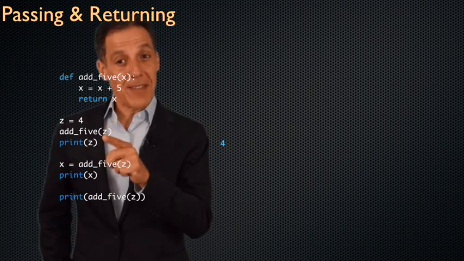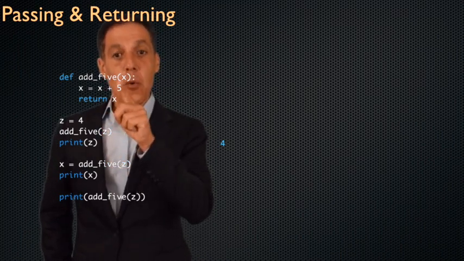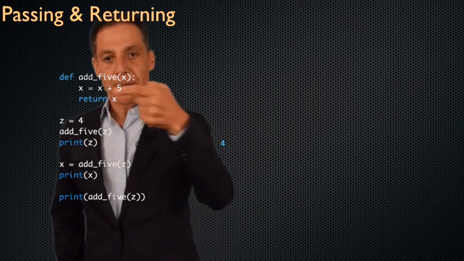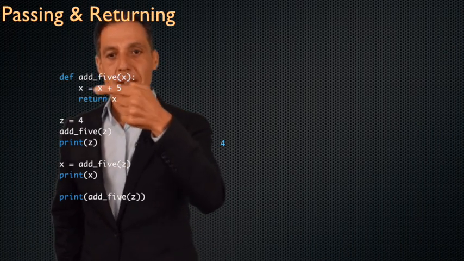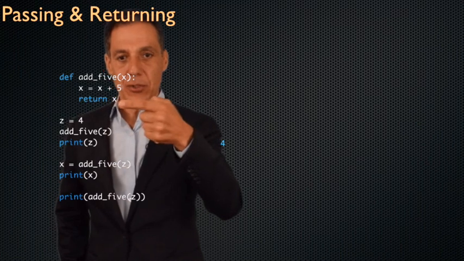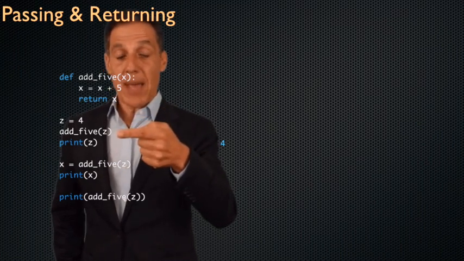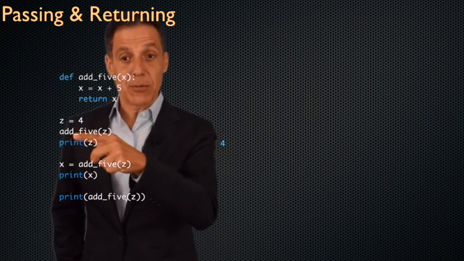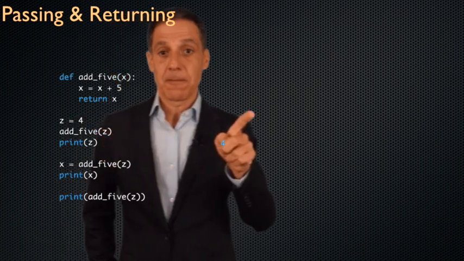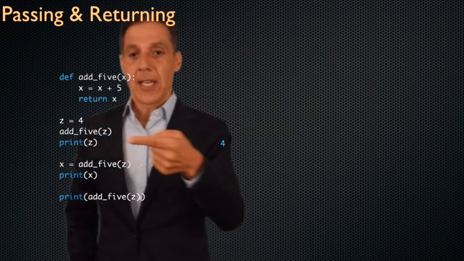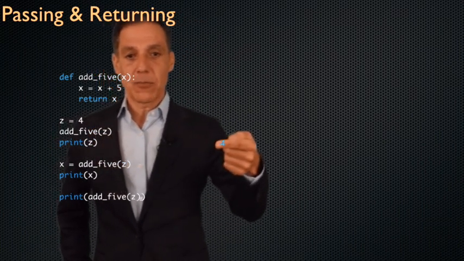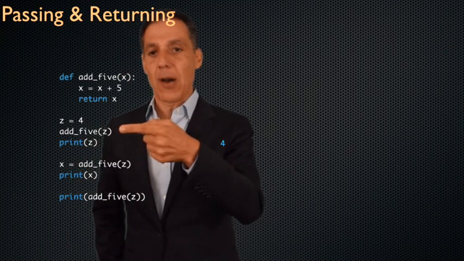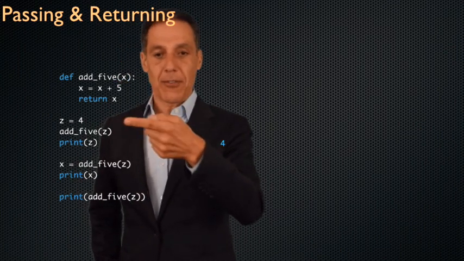I'm passing the value of z. So 4 goes into there. I add 4 to 5. I shove that into x, and I return that parameter. But if I had written z is equal to that, well, then z would be 9. But that's not what I did. And so, of course, z remains 4. So no harm, no foul. I may as well not call the function because nothing really happened.